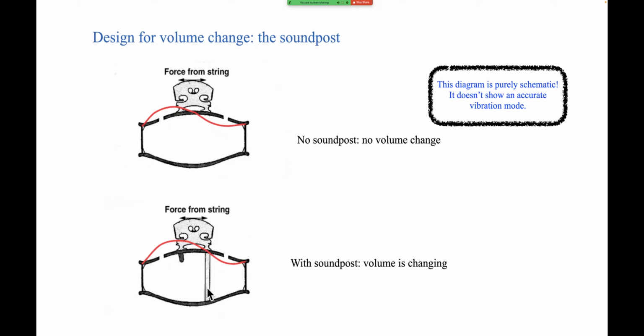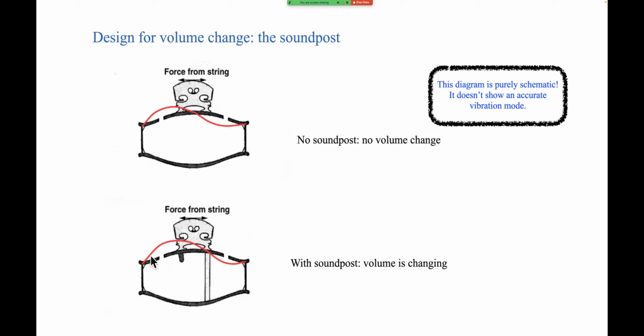You put the post in, and to some extent the bar, anything that breaks this symmetry, but especially the post, and the simplest view of what the post does, it's all more complicated than this, but roughly speaking, the post tends to generate a nodal point at that position, roughly underneath one foot of the bridge, of course.